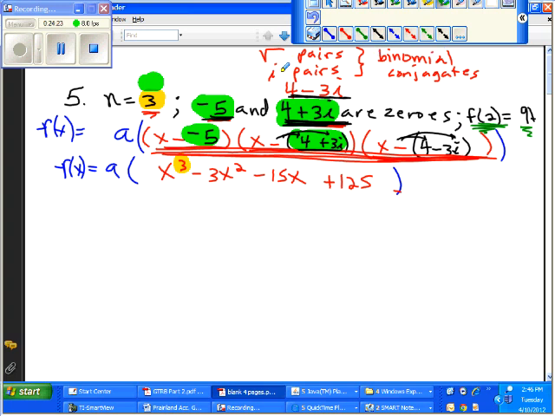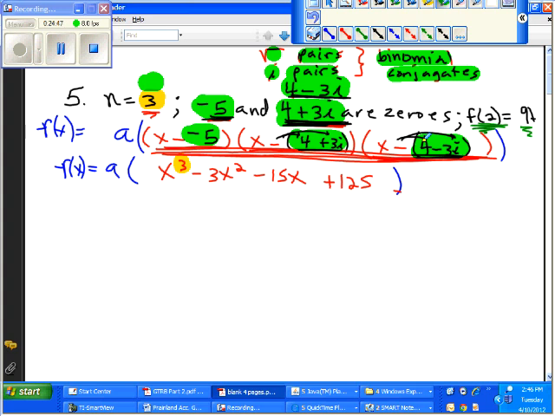They only had to give us 2 because imaginaries and square roots come in pairs, and they come in pairs as binomial conjugates. Therefore, if there's a 4 plus 3i factor, then there must be a 4 minus 3i factor, the conjugate of it, which created another factor.